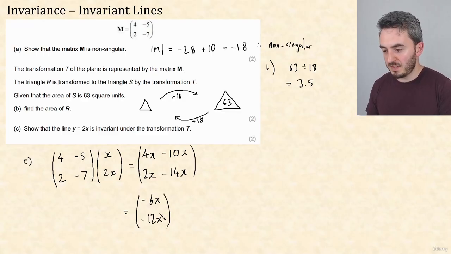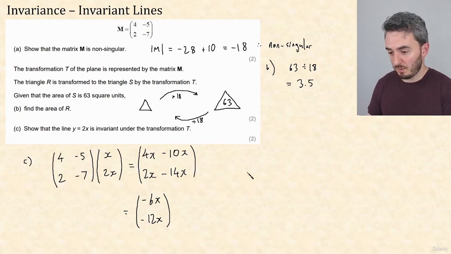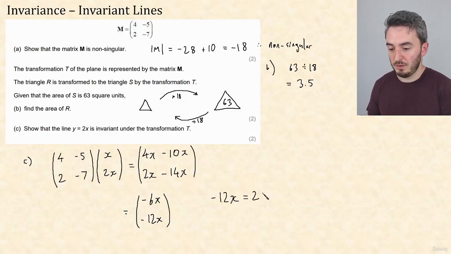And what do we notice about these values here? We can notice that the relationship is correct. That is, minus 12x is 2 times minus 6x. That is, the y value is 2 times the x value, and therefore y equals 2x is invariant under T.